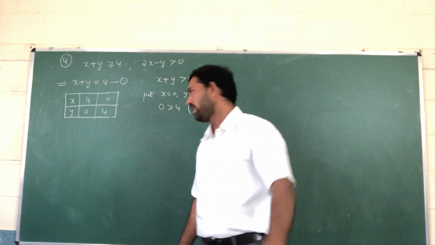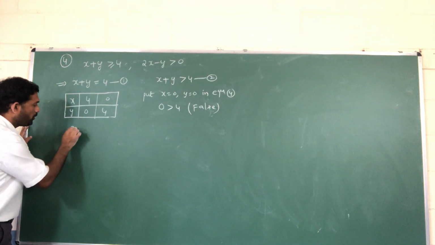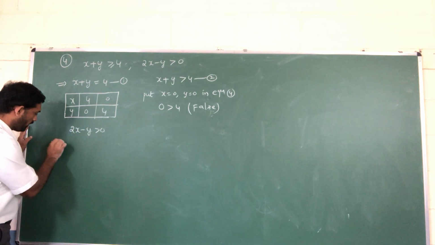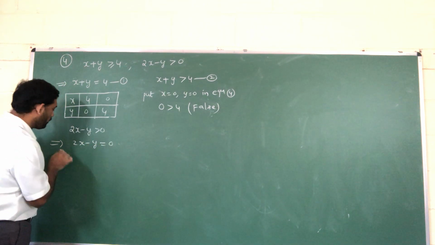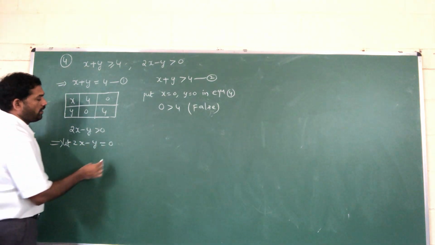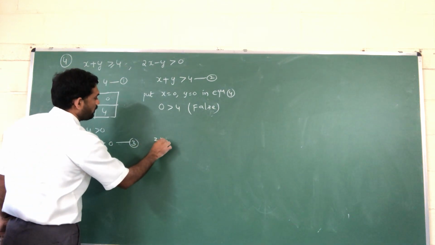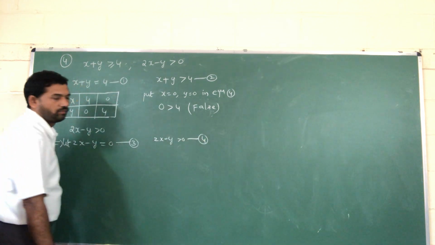Right? After that, 2x minus y greater than 0. So it implies 2x minus y equal to 0, which you have to assume as equation number 3. So 2x minus y greater than 0 is equation number 4.